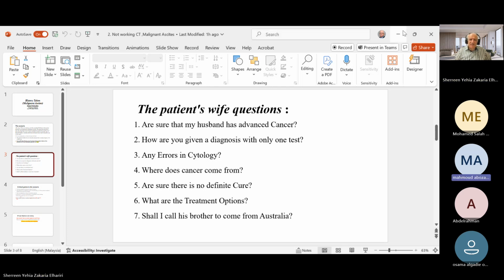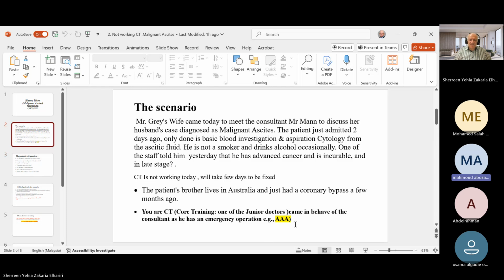Okay, this patient has an emergency operation for an abdominal aortic aneurysm, which means there is a large vessel in the tummy which may rupture at any time. To make it simple, this patient who is being operated on now has an injury of a big artery called the aorta, and this is life-saving. He can die if we don't save him. Okay? So this is the explanation.